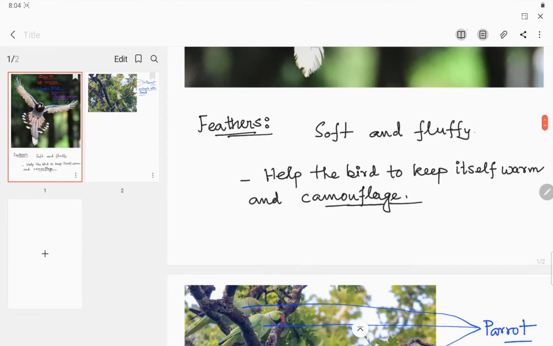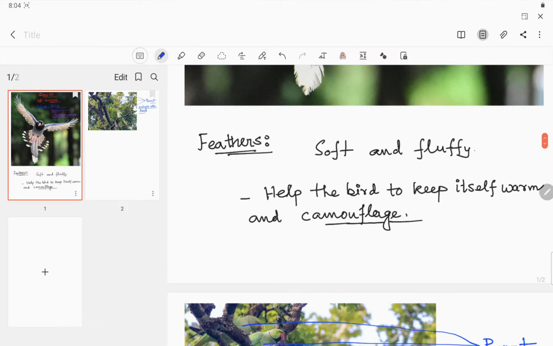First, we have to know about feathers. As I told you before, birds have soft and fluffy feathers. Basically, they are light in weight. I think you must have seen many feathers.